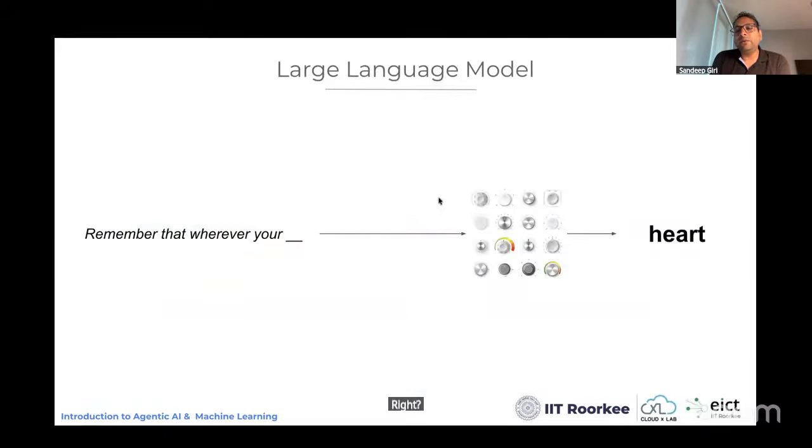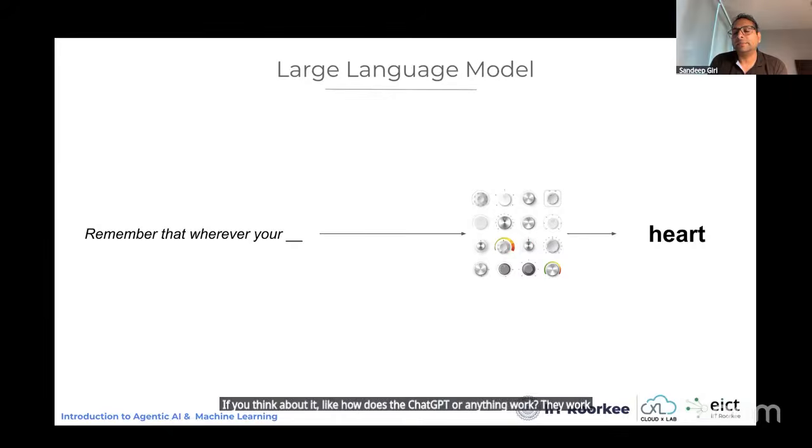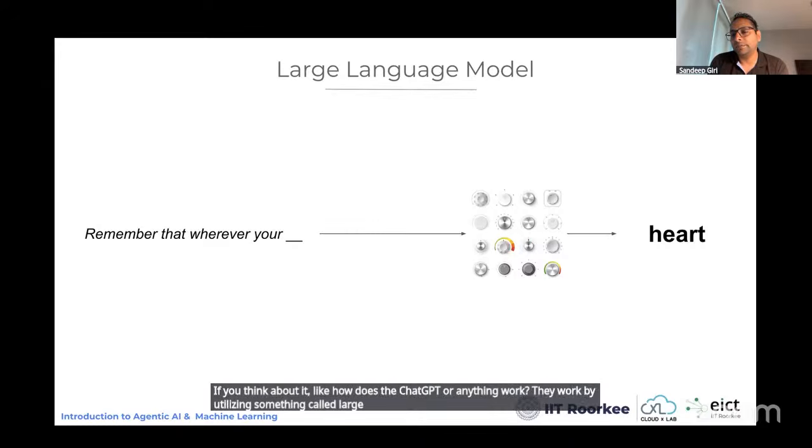Now, how does ChatGPT or anything like it work? They work by utilizing something called a large language model. A large language model is a model that predicts the next word.